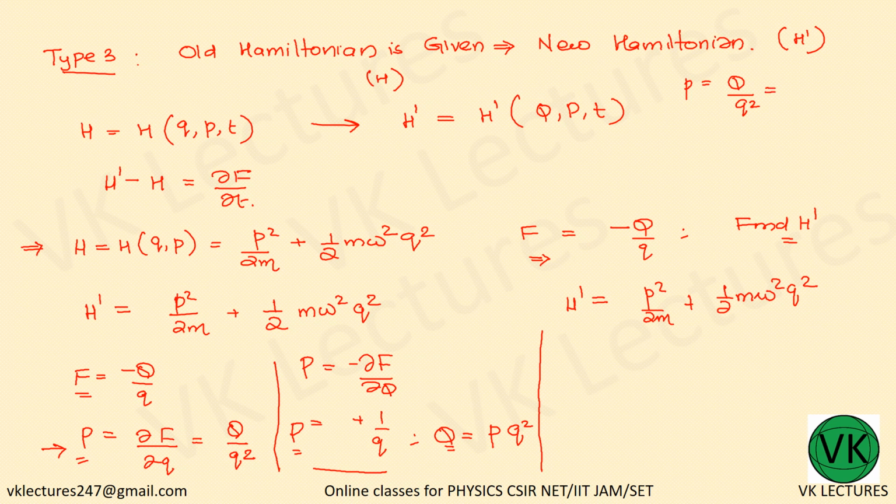So small p is equal to Q p squared, so p square becomes Q square P power 4 by 2m plus half m omega square. Now we need q square. Q square is nothing but from here 1 by P square, so it will be 1 by capital P square. So this is the new Hamiltonian H dash.